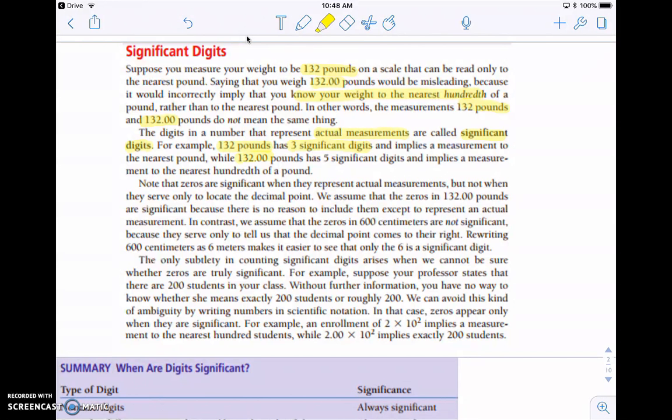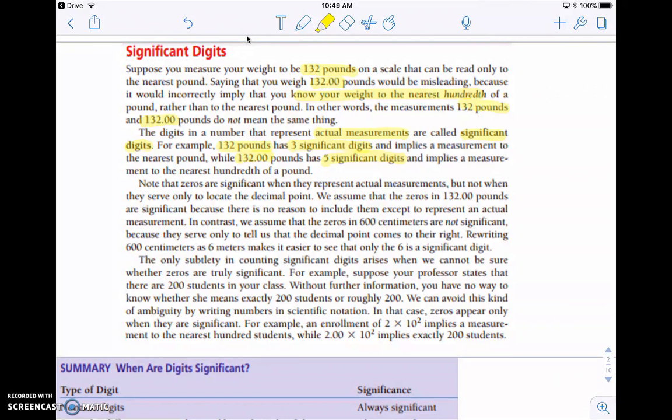However, 132.00 has 5 significant digits and implies a measurement to the nearest hundredth of a pound. Hopefully you can see the distinction there, even though mathematically speaking, they are the same number. One has 3 significant digits and is accurate to the nearest pound. The other has 5 significant digits and is accurate to the nearest hundredth of a pound.